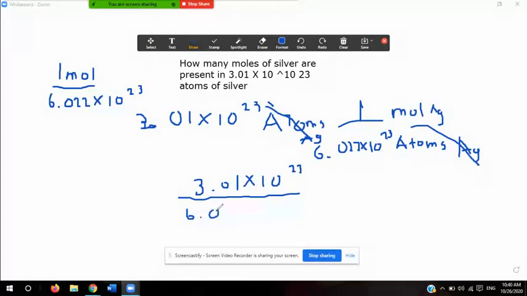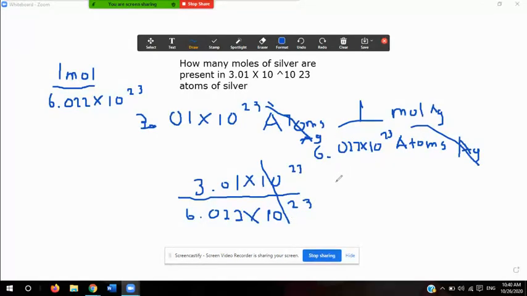That's not always going to be the case, but in this case, it was. And pretty much what's going to happen is that the exponents are going to cancel out. So the times 10 to the power of 23 cancels out. And then I have to divide 3.01 by 6.022.